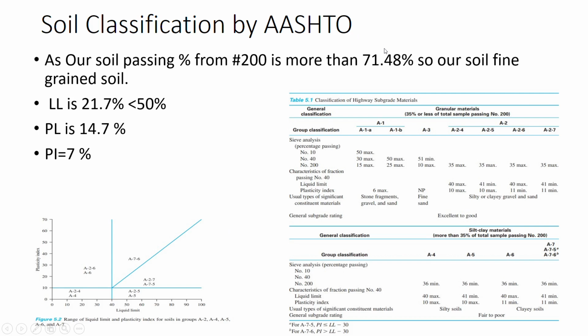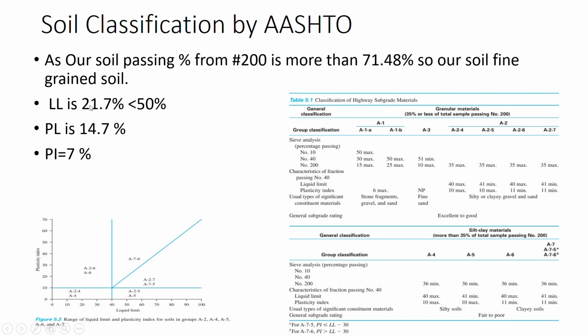The percentage passing 200 is greater than 35%, so our material can be found in these group classifications. The liquid limit is 21.7%. The passing 200 is at minimum, the least requirement, so our percentage, 71.48, is higher than that for all these groups.